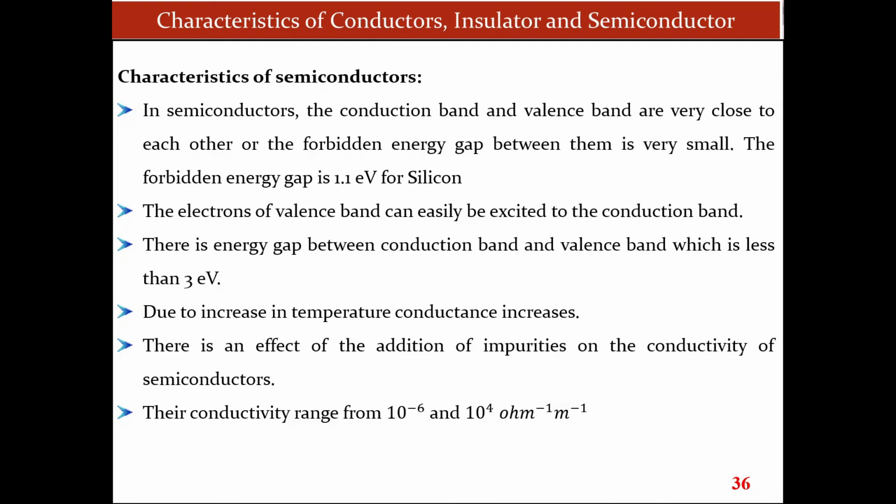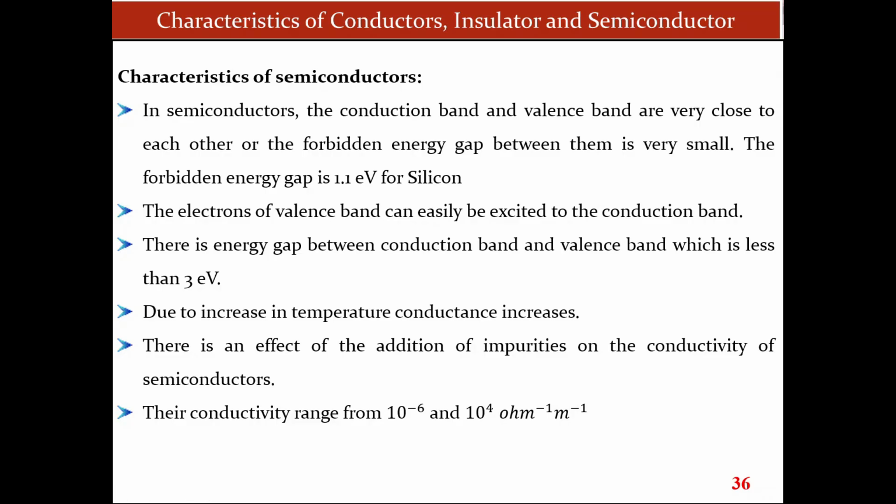The forbidden energy gap is approximately 1.1 electron volt for silicon, which means you need this much amount of energy in order to move electrons from the valency band to the conduction band. The electrons of valency band can easily be excited to the conduction band.